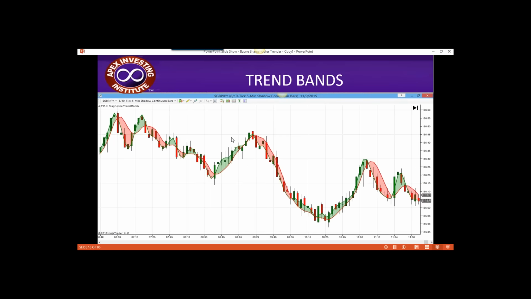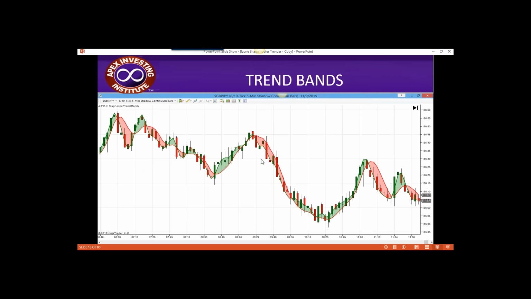Now, I'm going to show you where you can get more information about all these indicators. I'm just giving you a quick rundown, all right? We're not getting real technical here. We also have our trend bands, all right? As you see, these trend bands, just a band that goes through the bars here, and you've either got green band or you've got red band, okay? Obviously, green is showing the market going up, red going down.